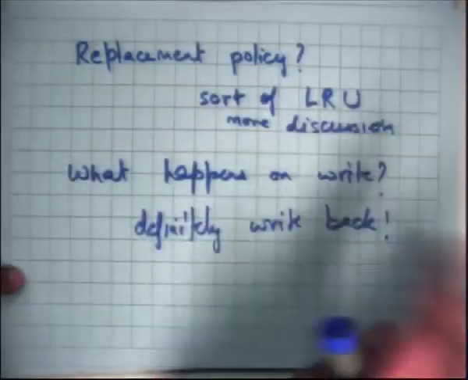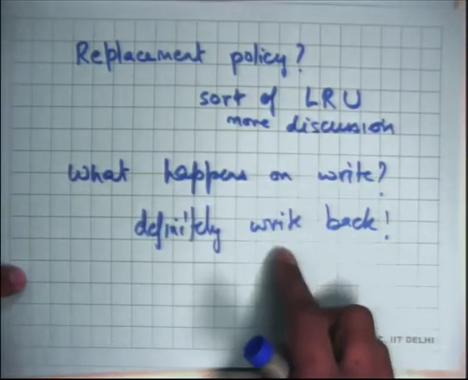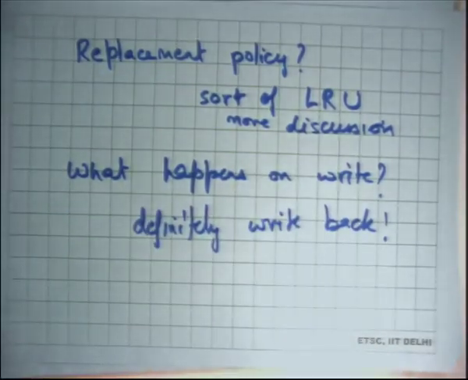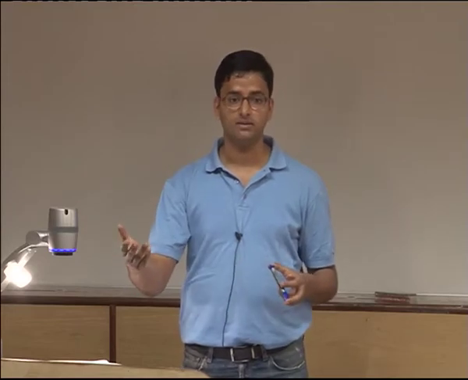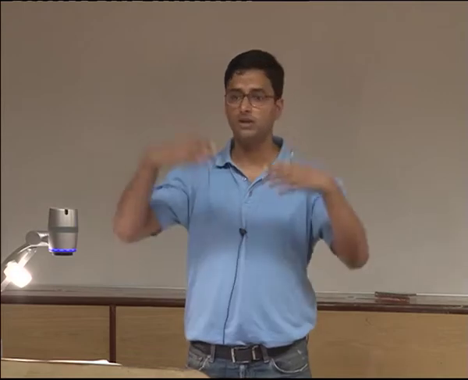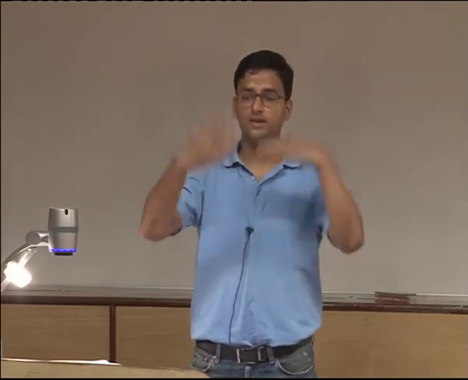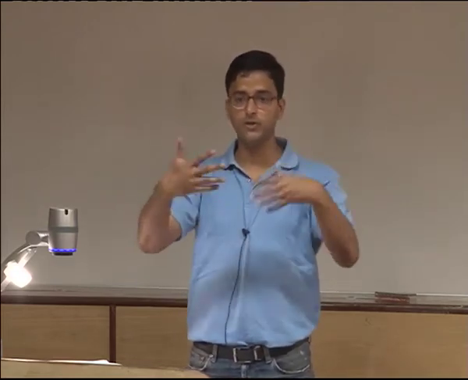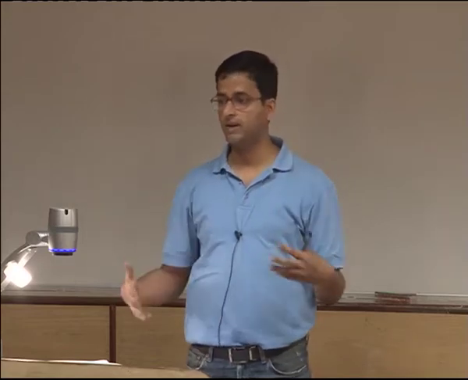All right, and the miss path is the page fault handler. Replacement policy is implemented in this, but what happens on a write? Definitely write back. How does the hardware indicate that this page needs to be written back? If it's a write back policy, the program should execute at full speed and just keep writing to these pages.